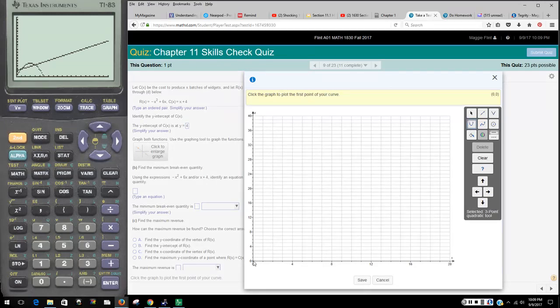We're going to start at 0, 0. Then we're going to go over 1, 2, 3 and up to 9. And then it appears that it crosses again at 1, 2, 3, 4, 5, 6.